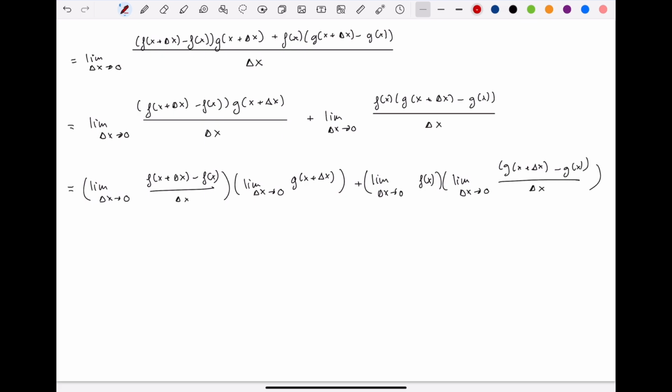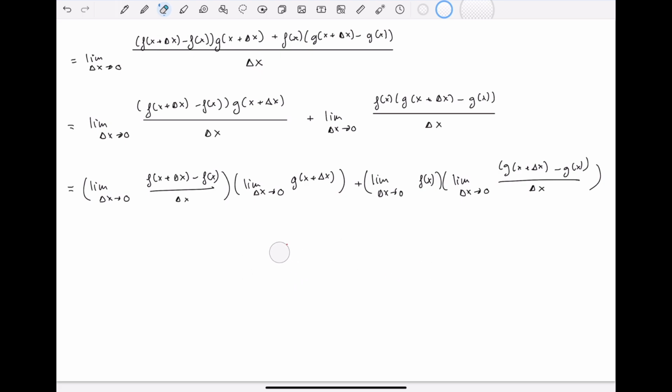And again, we can do this because if we remember, if we have the limit as x approaches a of a times b, then this is equal to the limit as x approaches a of a times the limit as x approaches a of b, right?